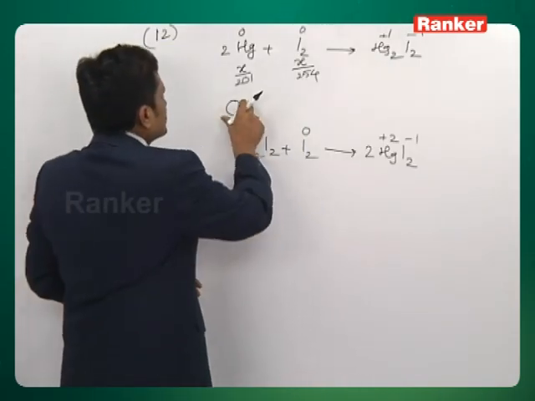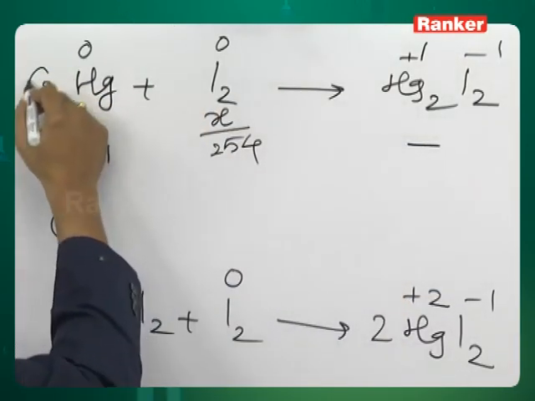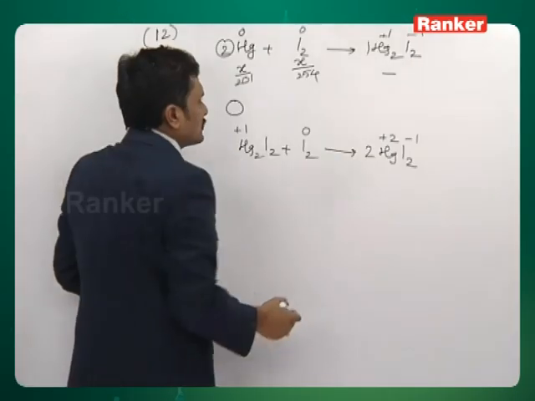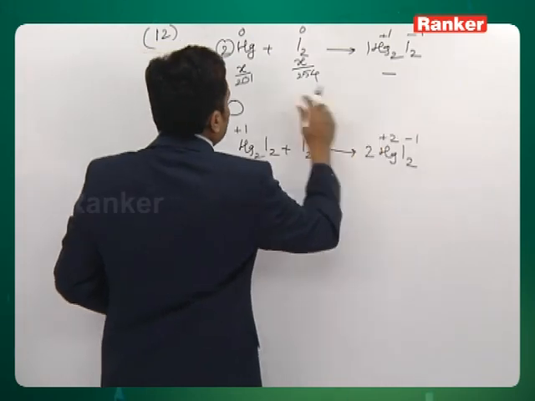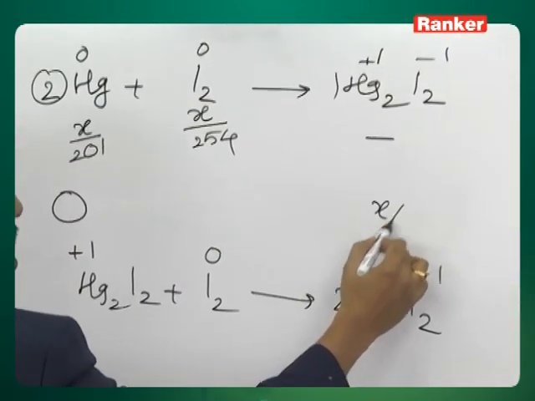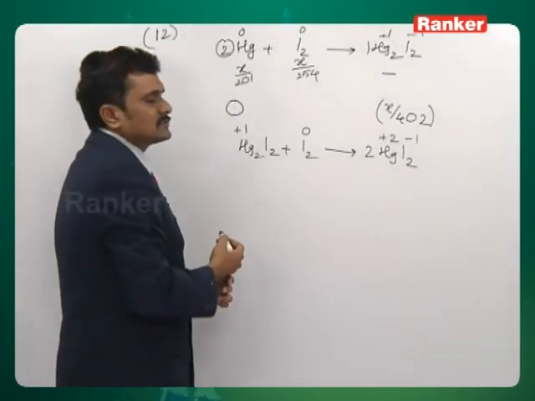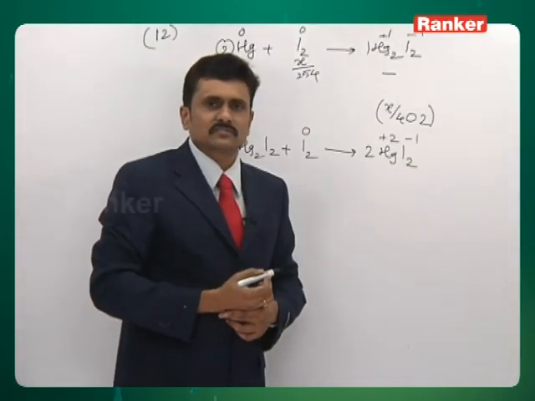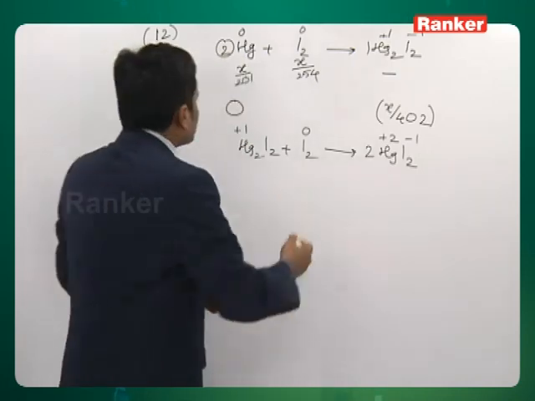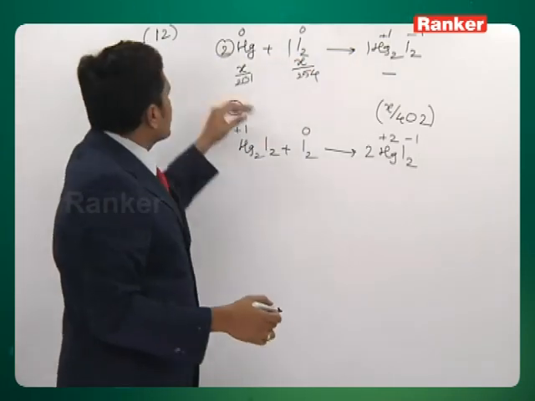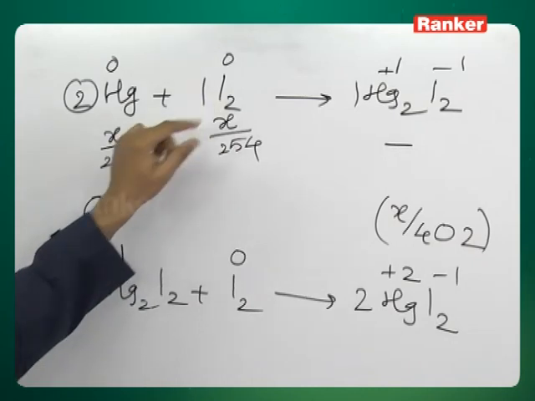Now here I am assuming this as the limiting reagent, and for every 2 moles of mercury I get only 1 mole of mercurous iodide, hence for every x by 201 I can expect the formation of half of it, that is x by 402 gram moles of mercurous iodide in this reaction. Now let us check how much I2 has reacted. For every 2 moles, once again 1 mole of I2 has reacted.